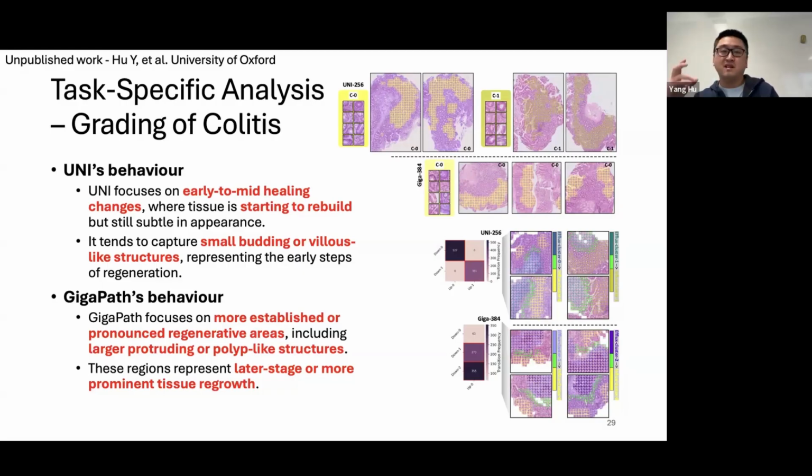This task is also based on one private cohort in Oxford, and so the union is more likely to move attention to those early or middle healing changes, like just starting to rebuild the tissue in those areas. But GigaPath is more likely to move the attention to those later-stage or more prominent tissue regrowth.